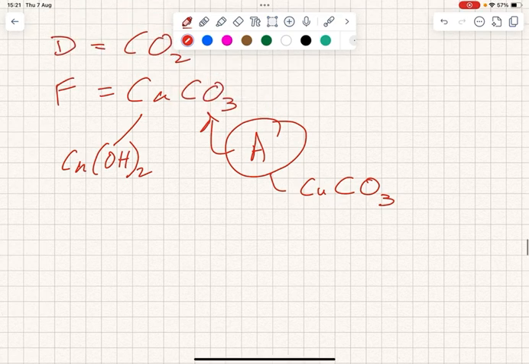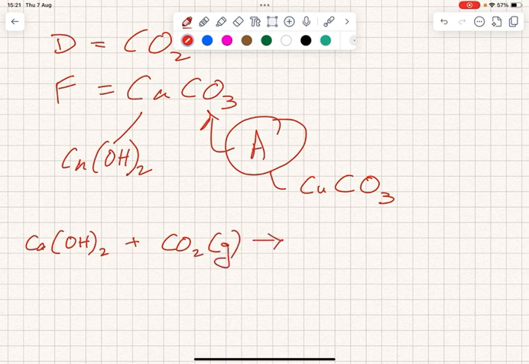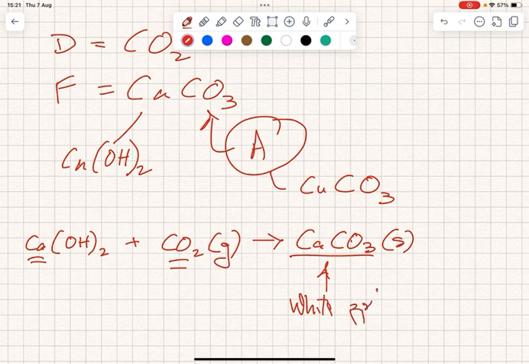Well, basically, if I want to write the chemical equation, calcium hydroxide, your lime water, reacts with your carbon dioxide gas, and will produce your calcium carbonate, right? Calcium carbonate. This is your white PPT. White PPT must be solid. Your white PPT F as far as our diagram is concerned.